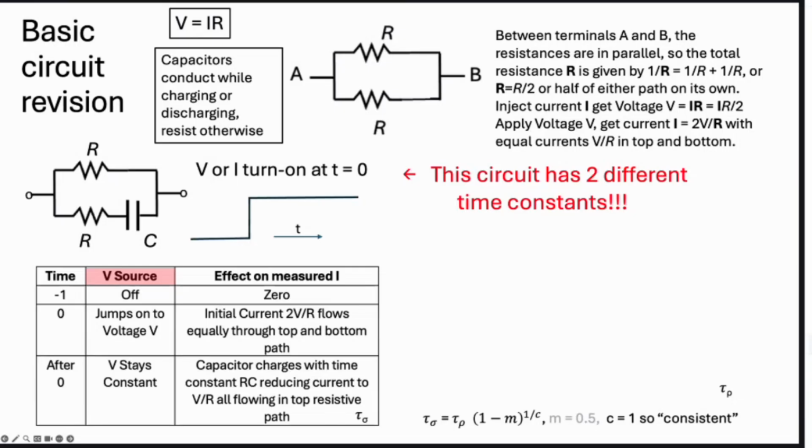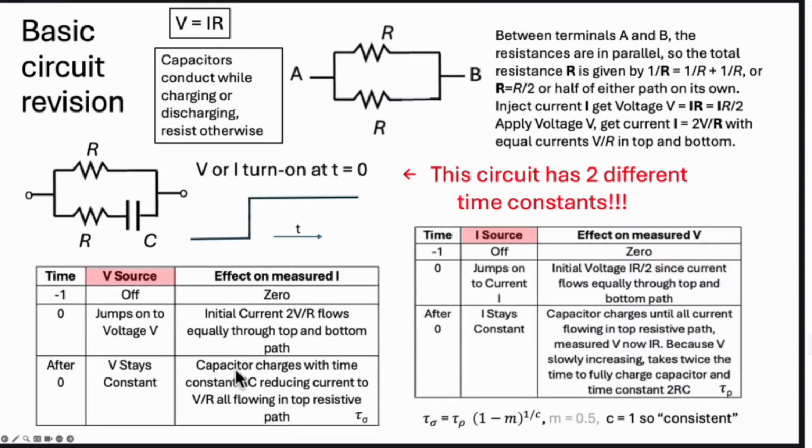So the voltage jumps to V. So this was a discharged capacitor, so it's got 0 resistance. So the initial current, 2V upon R, flows equally through top and bottom. So after time 0, V stays constant, and the capacitor charges with a time constant RC. And eventually, when that's fully charged, all the current flows to the top thing, so it reduces current to V upon R. So the time constant for this is just RC.